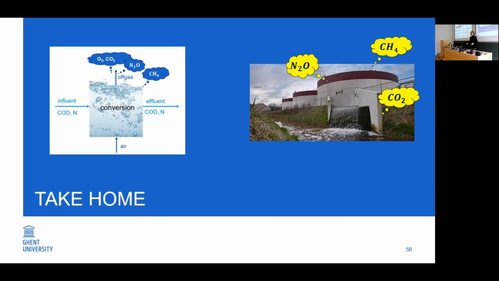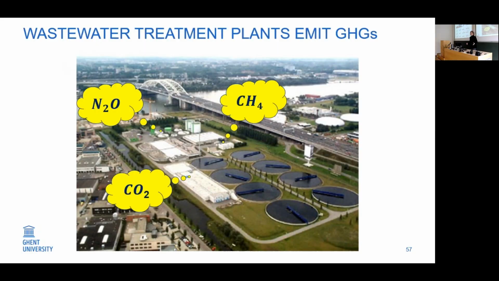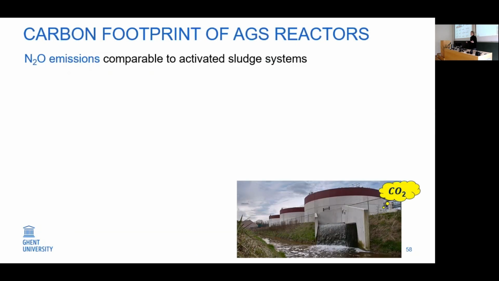Okay, that brings me to my take-home. First of all, wastewater treatment plants emit greenhouse gases. We are aware of that, we can quantify them, and using off-gas analysis and mass balances, we have also found ways to understand it better and to mitigate their emissions. We have looked in particular at the carbon footprint of aerobic granular sludge reactors.